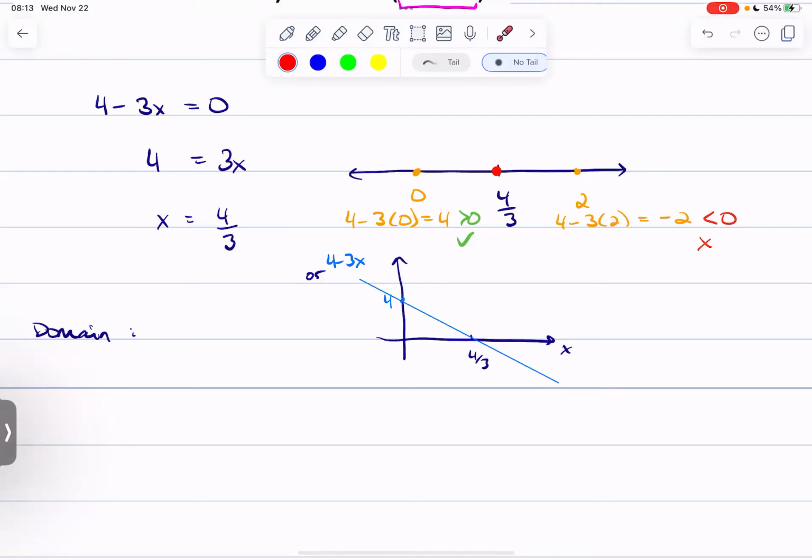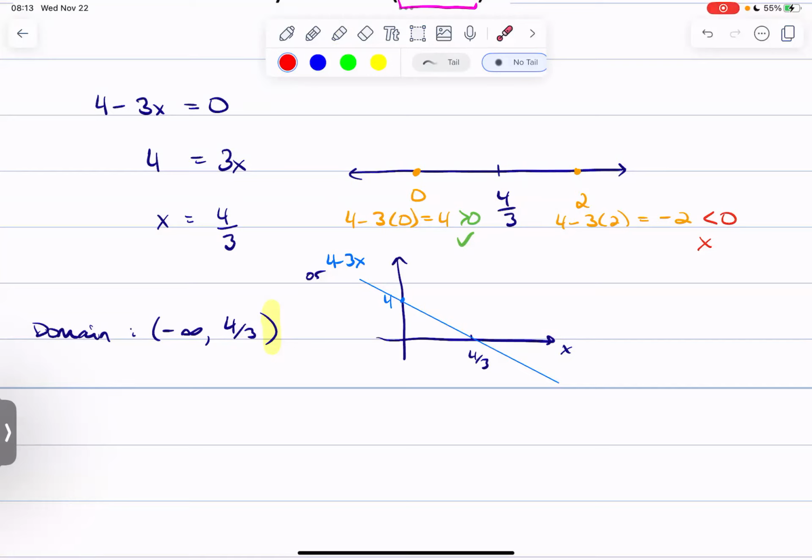So you have to exclude 4/3 and every value up to not including 4/3, which we show with a round bracket. So I'll highlight that because that's important. If you put a square bracket, you're saying including 4/3, but that's not in the domain. So even though we used it to figure out where it crosses between positive and negative, it's not in the domain.